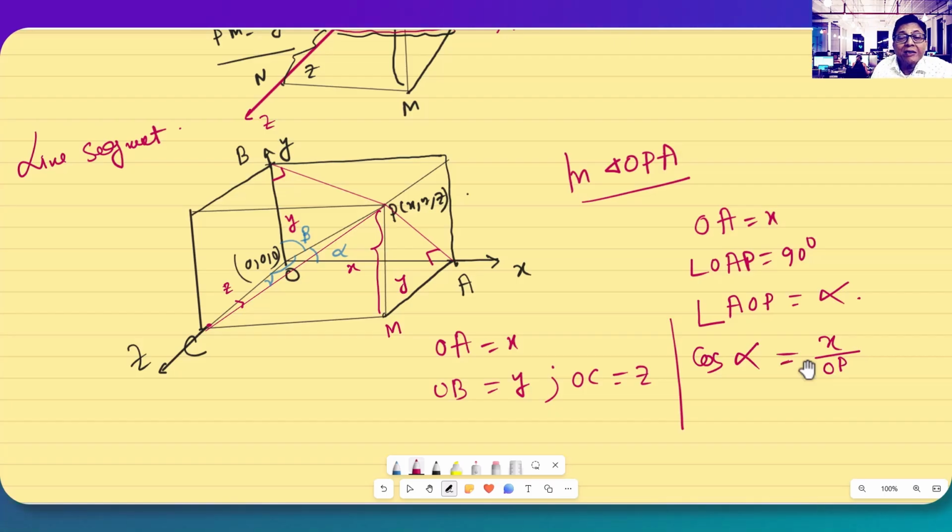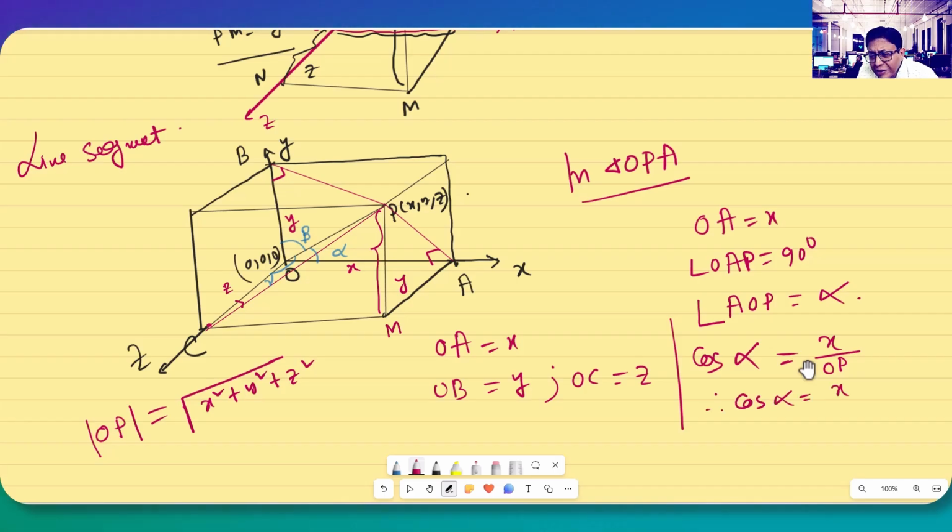What is OP here? This formula you got in your class 11 syllabus, there is a proof also. That is under root of x square plus y square plus z square. Distance between 2 points was there in class 11 syllabus. I am repeating that part only. So how can I write cos alpha here?